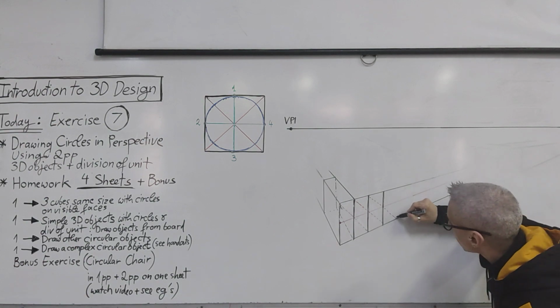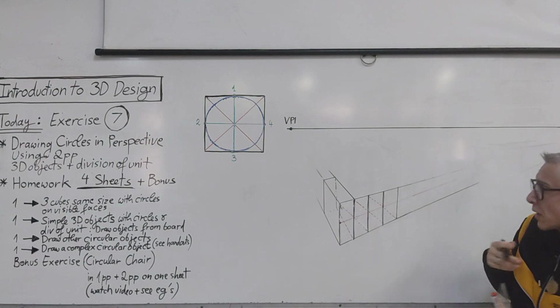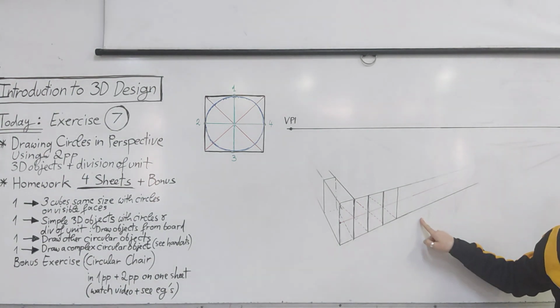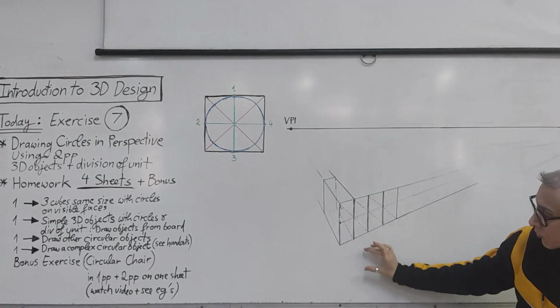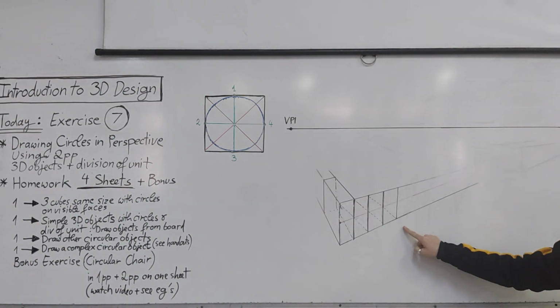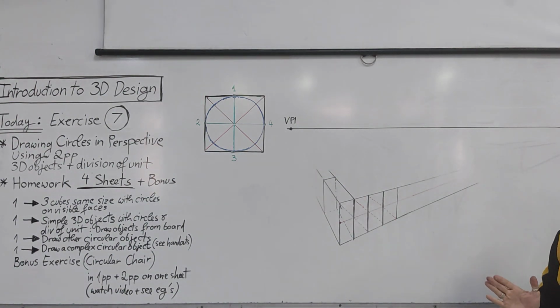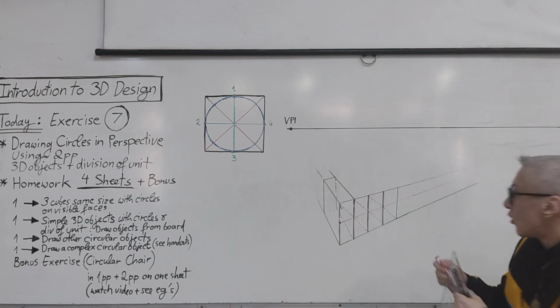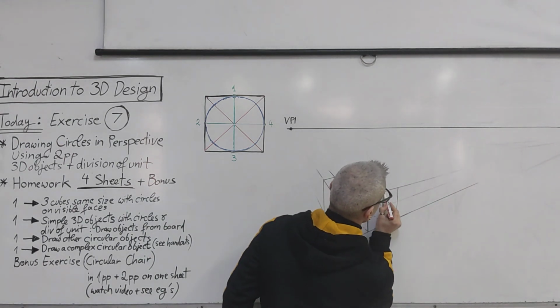Now, how many spaces shall we put here? That's up to me. Okay? But the proportion should be the same. So if someone draws this same object but smaller, they have to leave, for example, the same number of spaces. So the proportion of the object will be the same. Even though one is small size, one is bigger size. That's important. The proportions will stay the same or very similar. Okay?